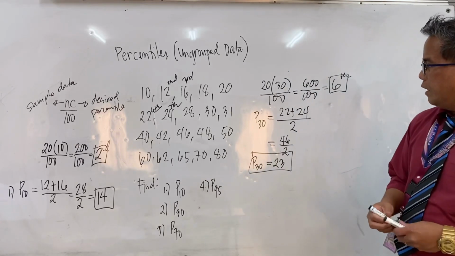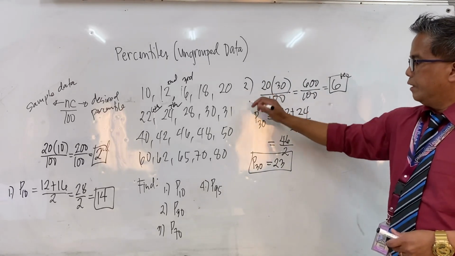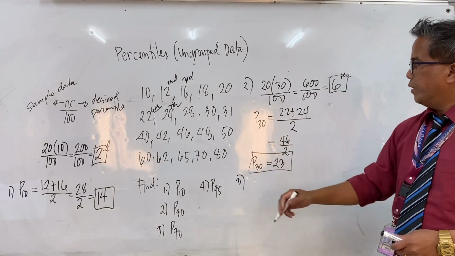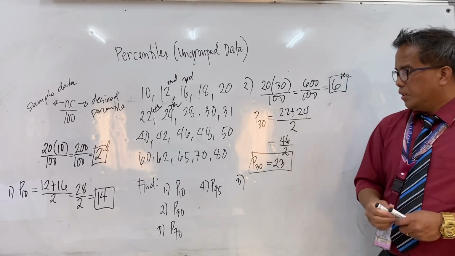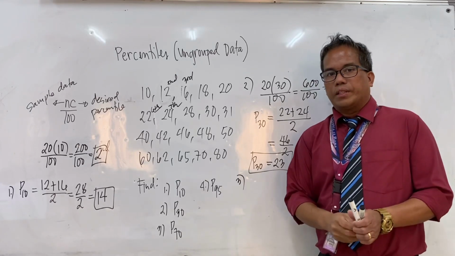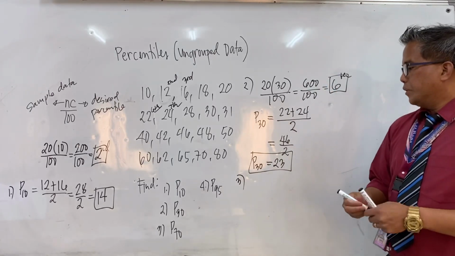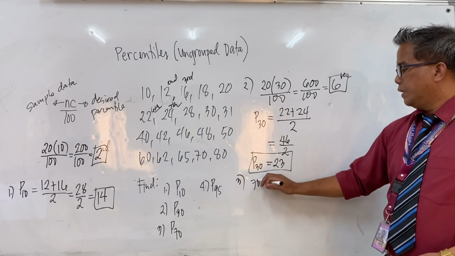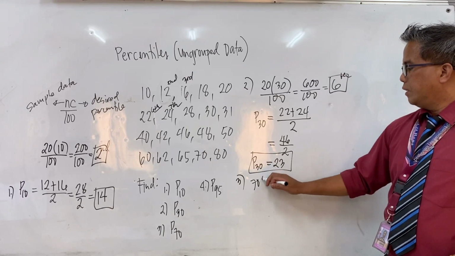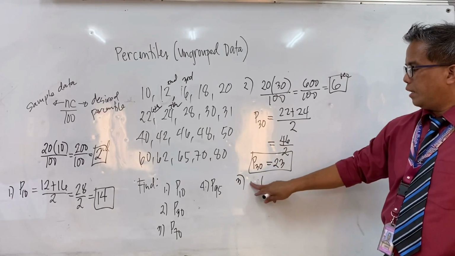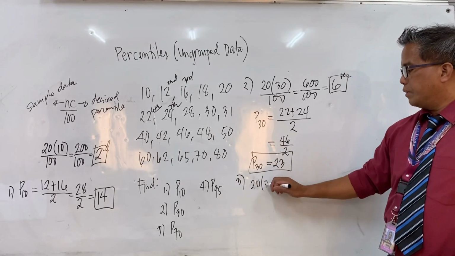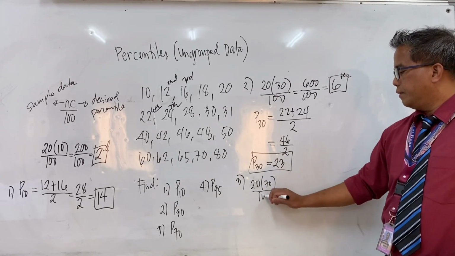How about number 3? First, find the location. We're looking for percentile 70. We will follow that formula. 20 times 70 over 100.